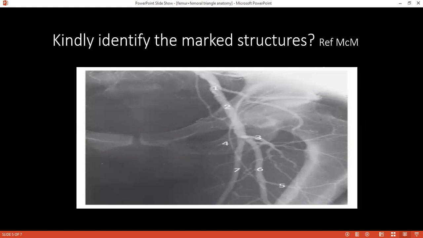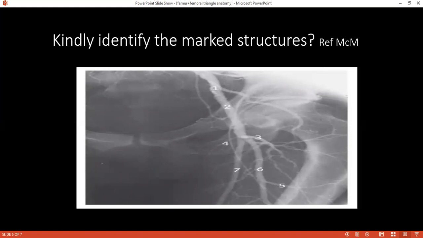It further branches into 7 and 6. 7 being the medial superficial femoral artery, and 6 being the lateral profunda femoris artery, and 5 arising from the 6 as the perforating branch of the femoral artery.